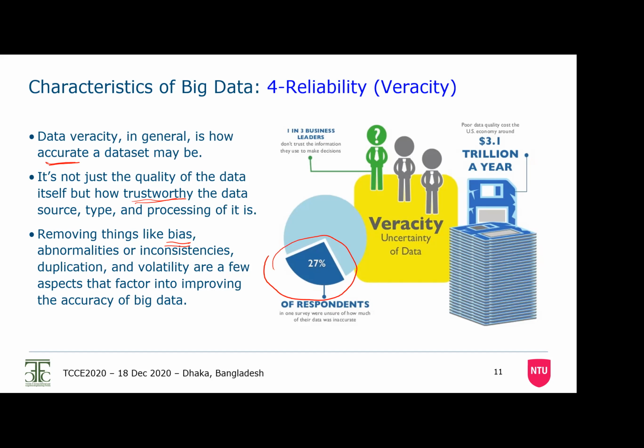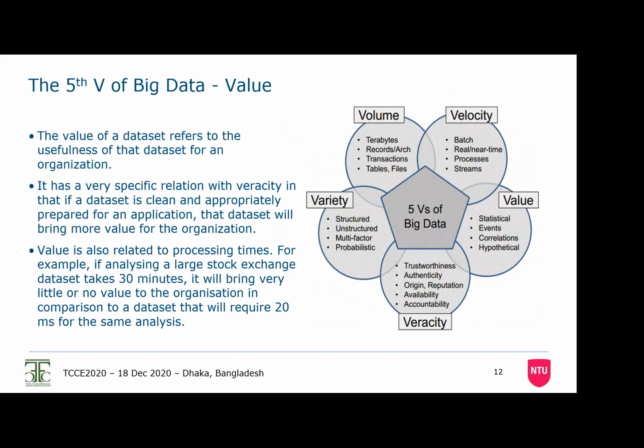So along with these four, there is a fifth one, which is yet another important one, and that is the value. It means that the big data that we have, at the end of the day, the fifth one is actually the value.